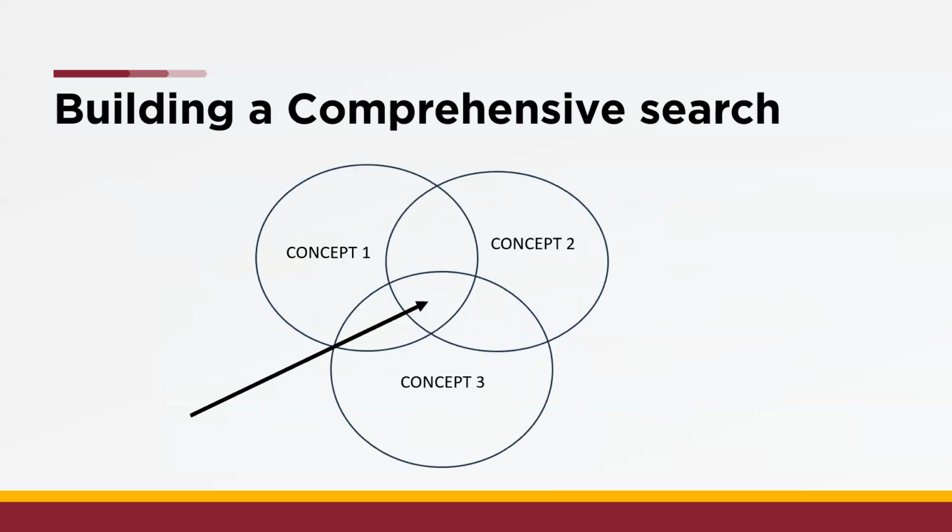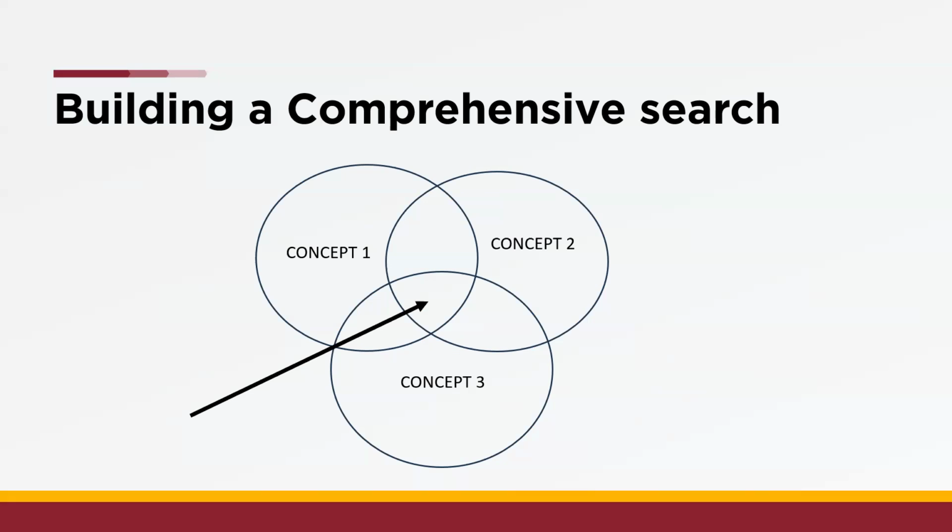Okay, and so the way we're going to do this is by building a concept search. The other visualization that I like to use for explaining how this works is a Venn diagram. We're going to separate our concepts out from our question, and then we're going to overlap all of those concepts and the literature.